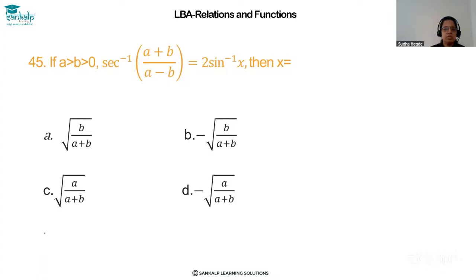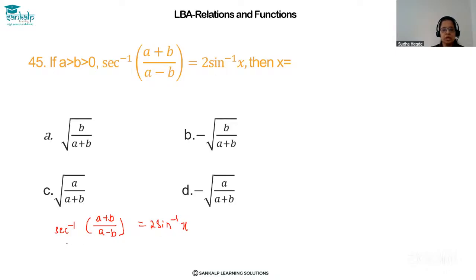Okay. So what is given here? A, B, both are greater than 0. Secant inverse of A plus B divided by A minus B is equal to 2 times sin inverse x. Correct?